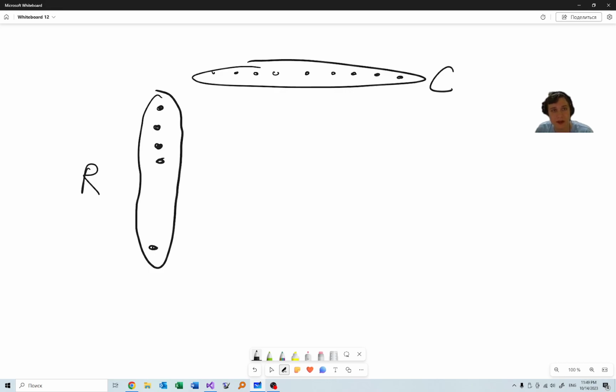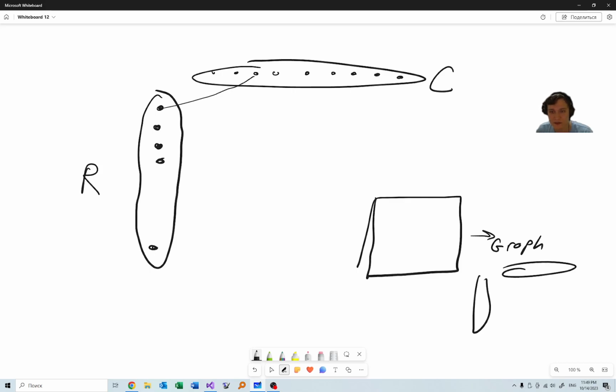So it is a common idea in both mathematics, Olympiad mathematics, and competitive programming, that if you have some grid, this is actually a graph between rows and columns, and each edge in this graph corresponds to some cell in the grid.